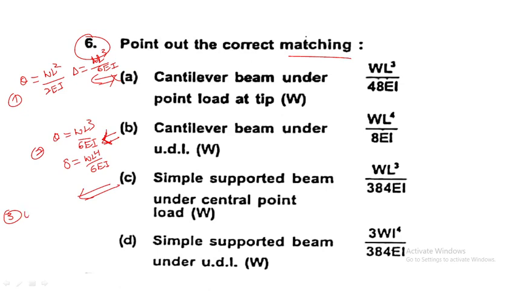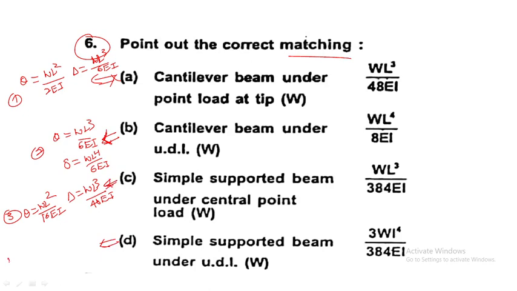In that condition, theta value should be WL square by 16 EI. This is the slope, and deflection is WL cube by 48 EI. So this is the third option's answer.